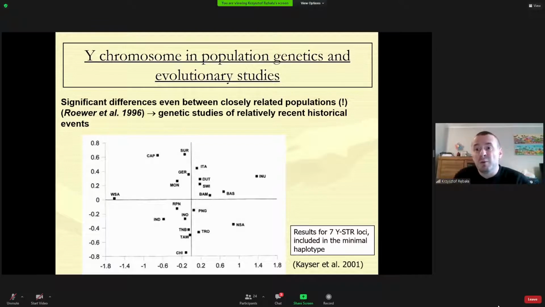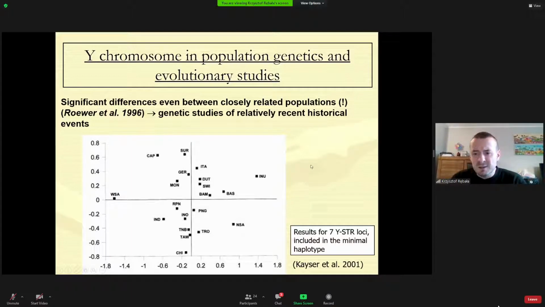So everyone would think, oh, it is likely that they are genetically similar. But this study from 1996 found that these populations differed in the Y chromosome, which was really quite surprising. Why? These populations are so related historically and linguistically, but they differ in the Y chromosome. So it makes the Y chromosome a very useful tool for genetic studies of relatively recent historical events.